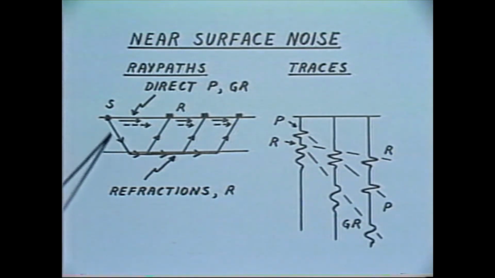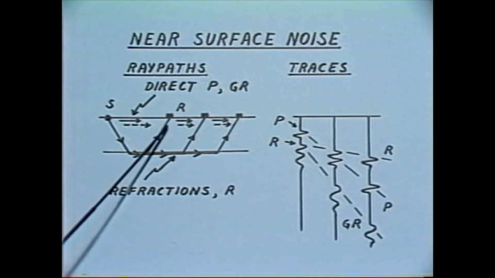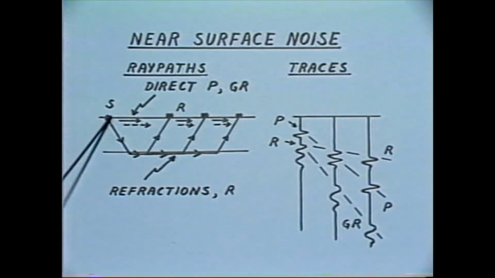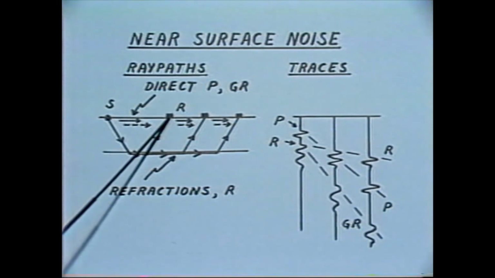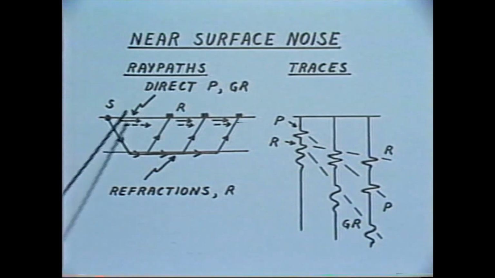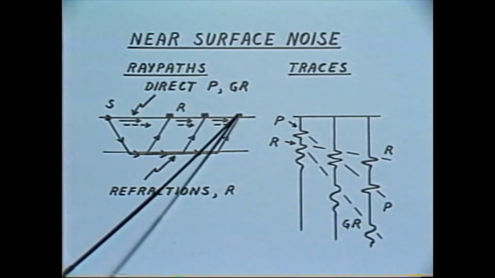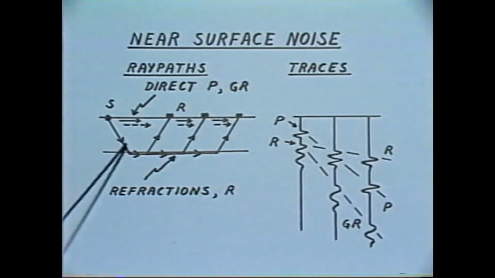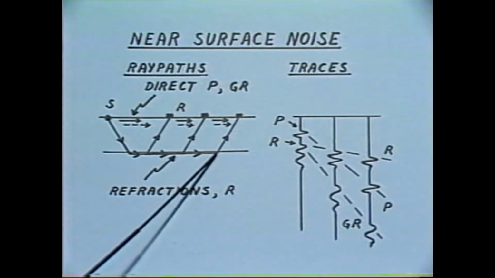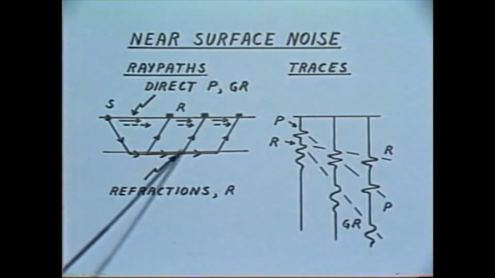The refraction events: on the near receivers, the refraction travel path may actually take longer than the direct travel path for the P-wave energy, but for the receivers further away from the source, the refraction path may actually be the quickest path because it travels at a higher velocity along this layer.